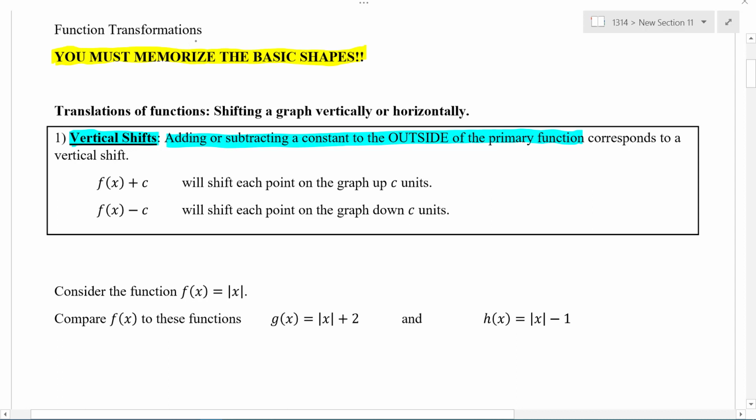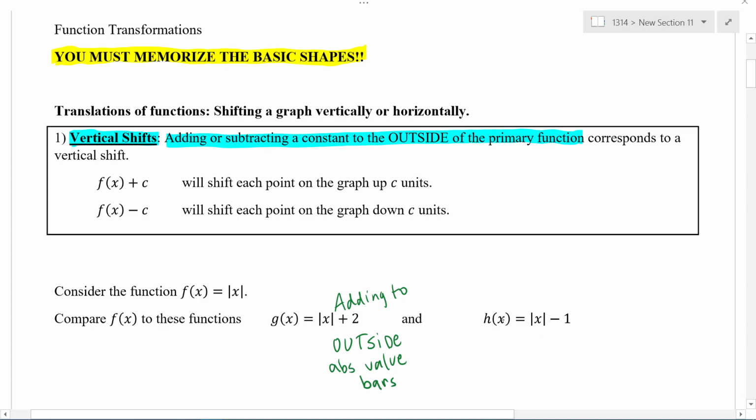Okay, so if I come down here, I have g of x equals absolute value of x plus 2. Here we are adding a 2 on the outside. So it's outside of those absolute value bars. So that's what we would call adding a constant to the outside of the primary function.